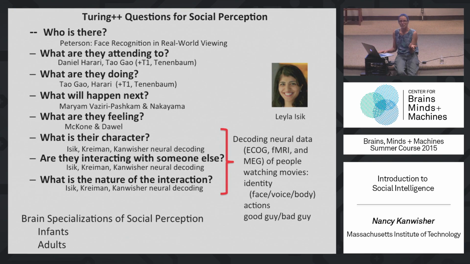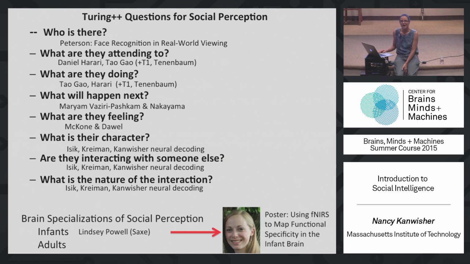Can you tell if the person on the screen right now is a good guy or a bad guy, right? Can you tell what kind of social interactions are going on? So we know all of this information is extracted in the brain because people are good at it. But to get a handle on the actual neural basis of how we carry out those perceptual processes, this will be a really cool tool. So that project is just starting now.